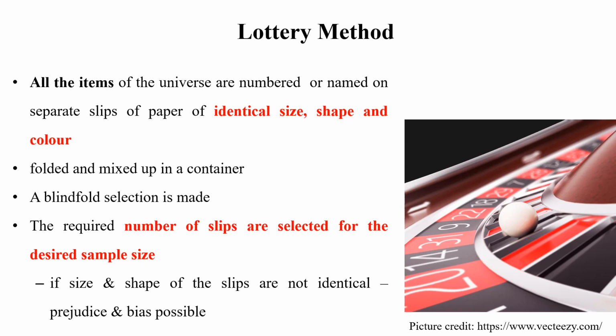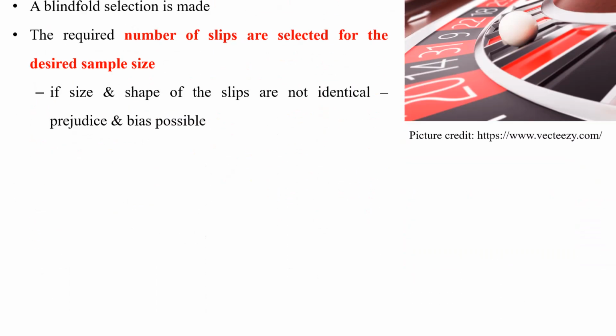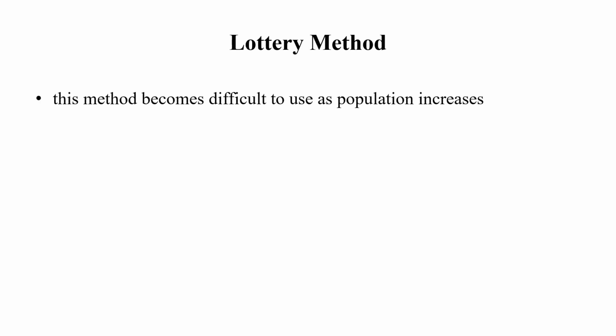As many slips as the required sample size, the researcher has to select. And why should the size and shape be homogeneous? Because if it is not identical, it may create prejudice or bias of the researcher. And this method becomes difficult as the population increases.